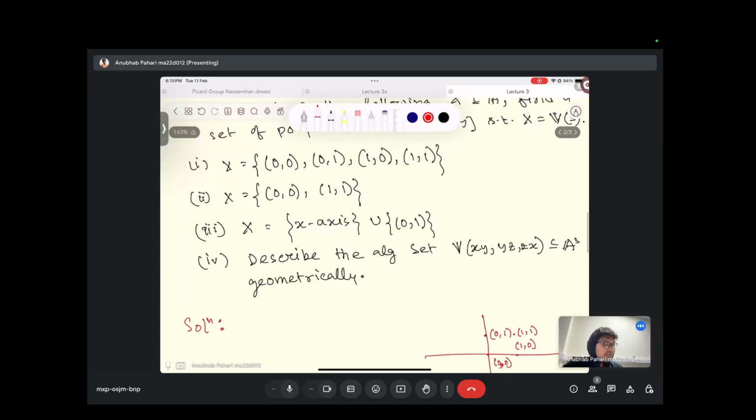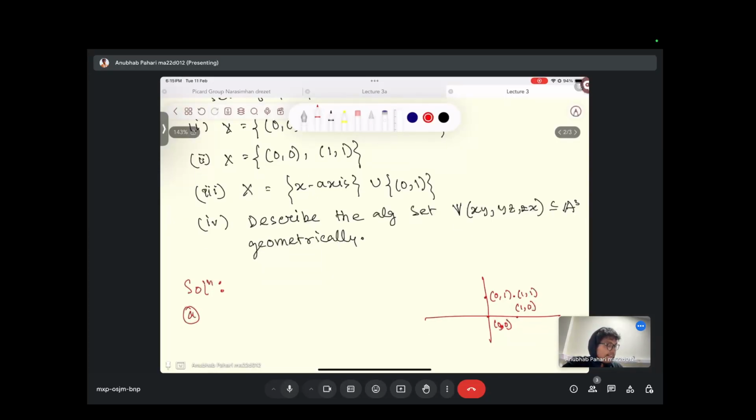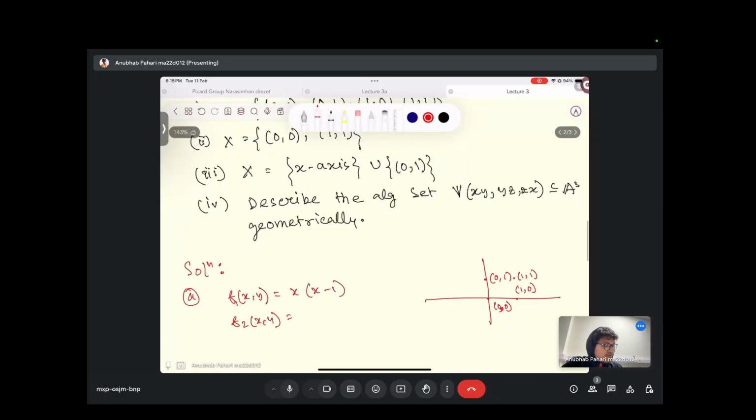So for the first, take f1(x, y) equals x(x minus 1) and f2(x, y) equals y(y minus 1).